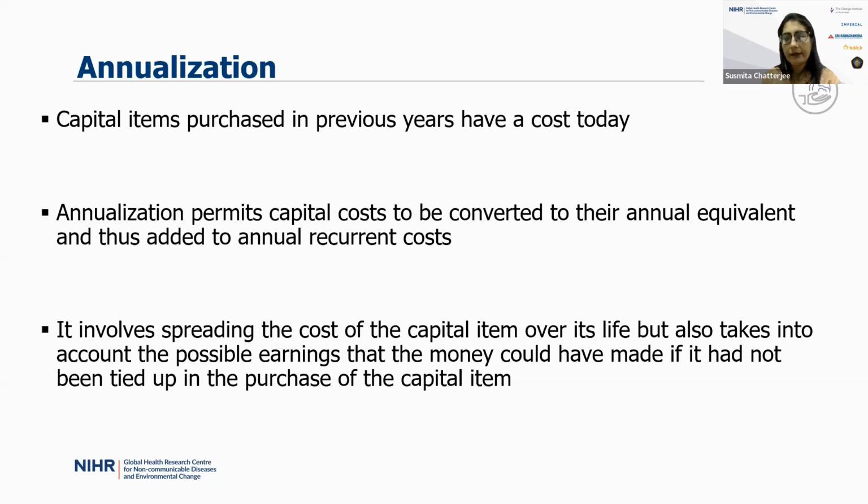But we generally do the intervention cost during the period of intervention. So suppose the intervention was for 4 months, we do the cost for 4 months. If it is for 1 year, we do the cost for 1 year, right? So we take into account the whole intervention period.